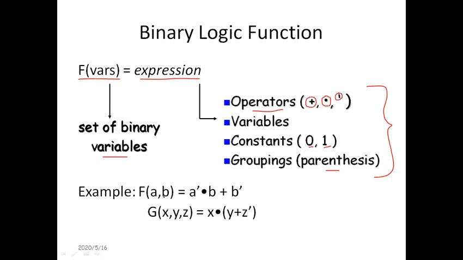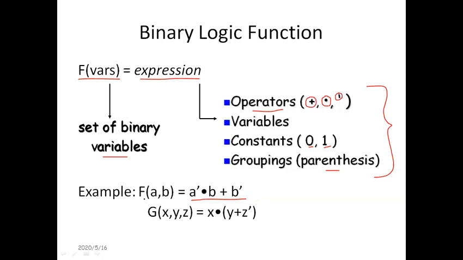So a and b here are variables or binary variables. Then on the right-hand side of the equal sign, we have the binary expression. This is the general representation of a binary logic function.